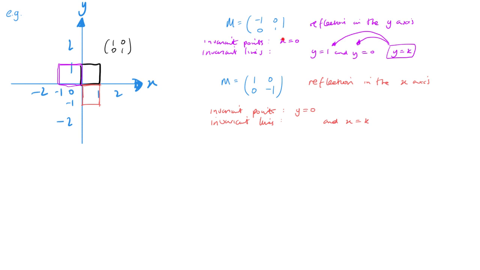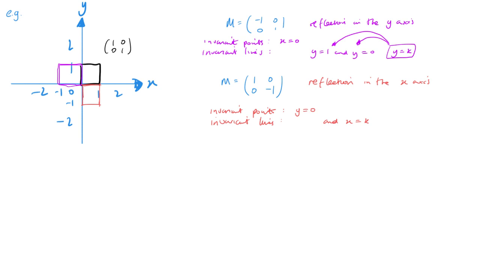So invariant points are all the points on the line x equals 0 for the reflection in the y-axis, and y equals 0 for the reflection in the x-axis. So the points that are on those lines map back onto those points. And then the invariant lines are lines that map onto themselves.